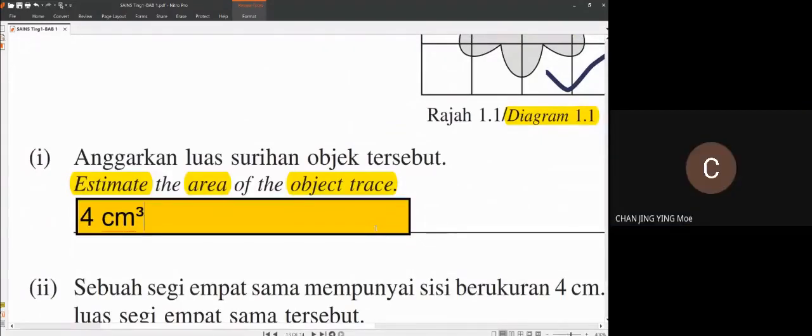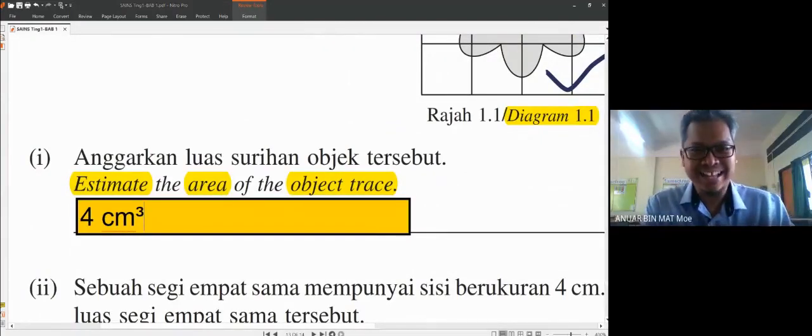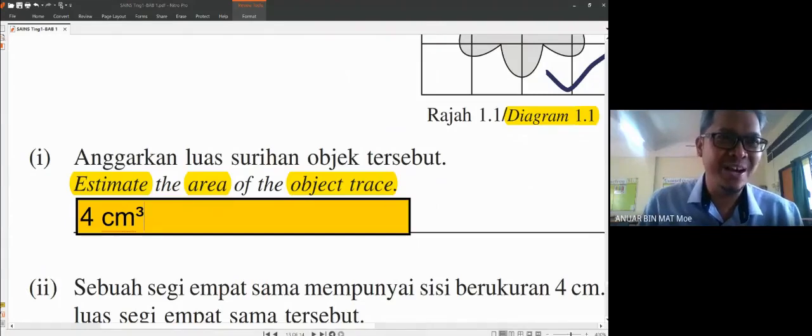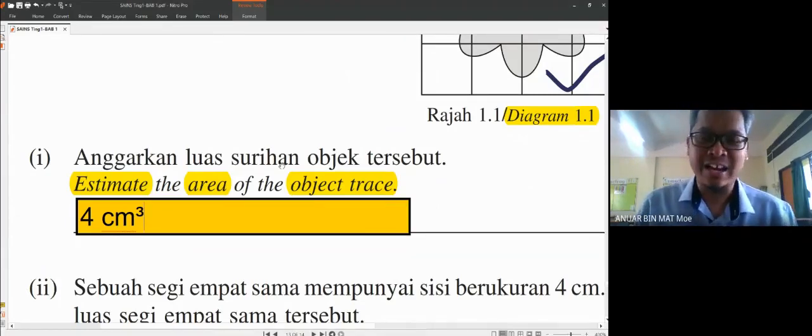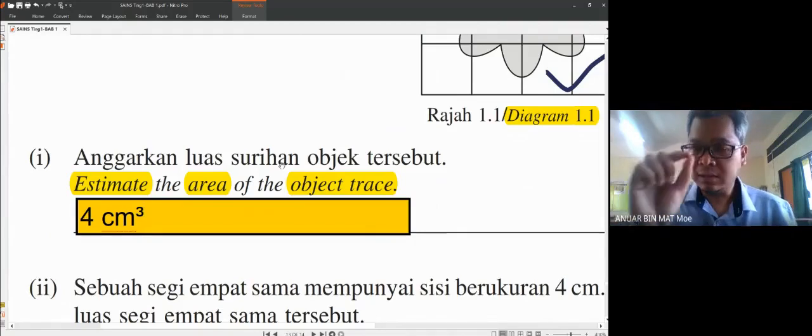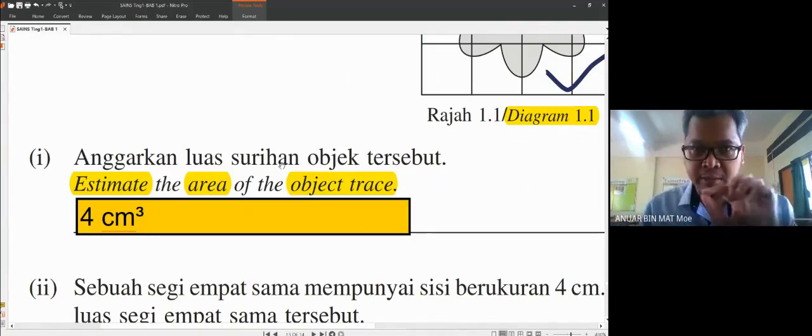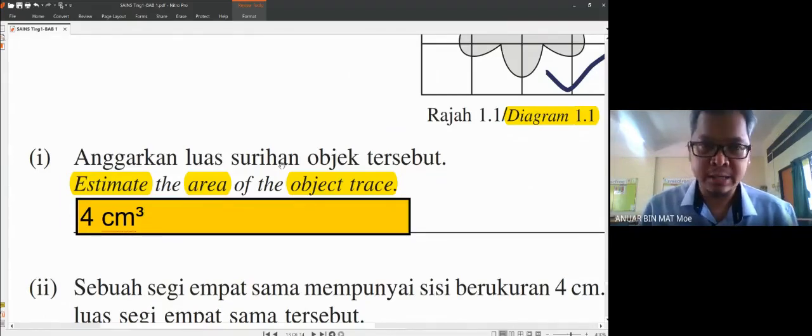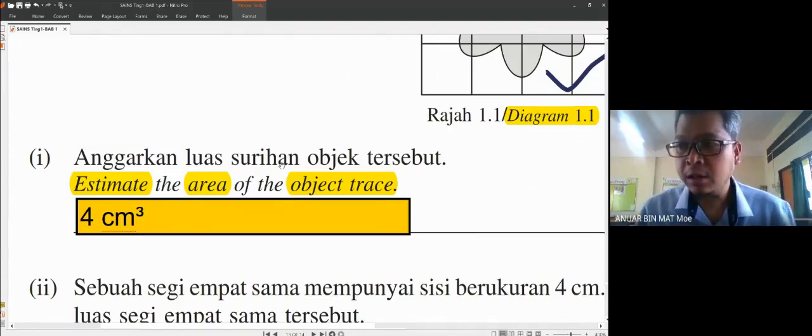Some said yes, some said no. So what is the answer? Okay, thank you for your response. So this one also cannot because the unit is wrong. Centimeter with the number 3 after it, the small number here, is for the measurement of volume, not area. So the answer here is 4 centimeter cubic, not 4 centimeter square.